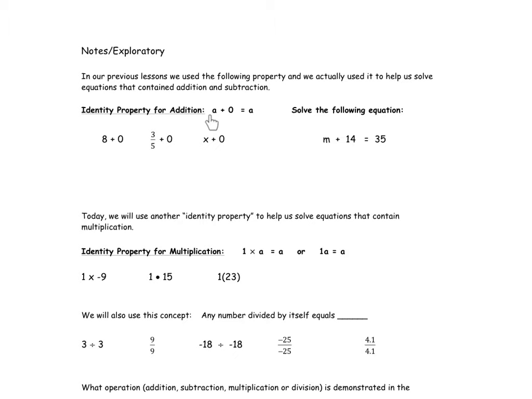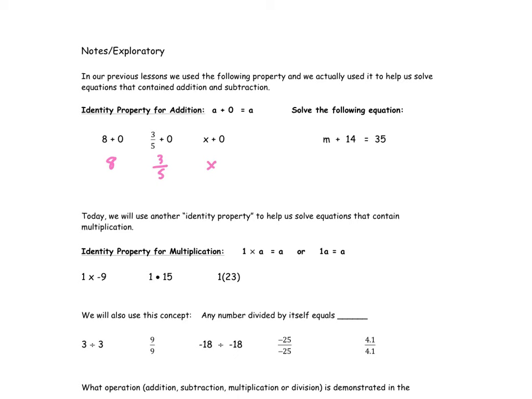So if we have any number, A, and we add 0 to it, it equals the number that we started with. So this property looks like this. If I have a number, 8 plus 0, I would get back 8. 3/5 plus 0, I'd get back 3/5. So x plus 0 would leave me with x.